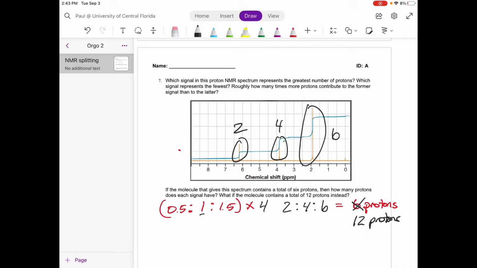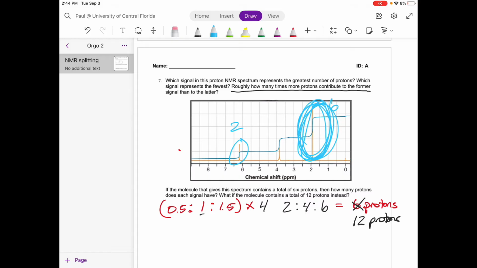Okay. So this part right here, roughly how many times more protons contribute to the former than to the latter? What that is simply asking is how many protons are here and how many protons are there. If I'm using these new numbers where that's 2 and that's 6 protons, how many times more are there for that one?